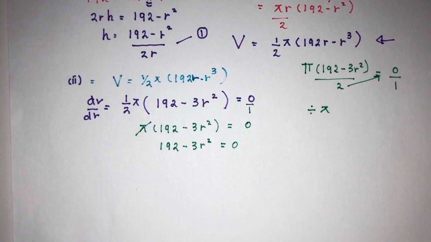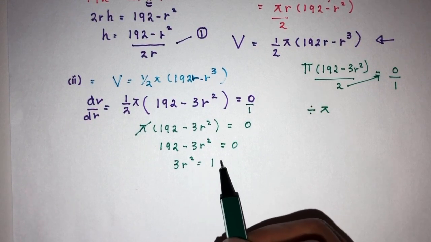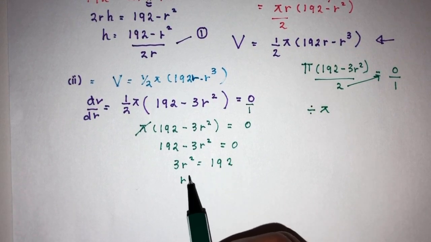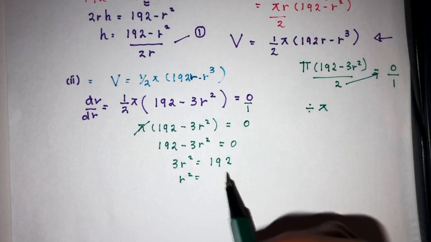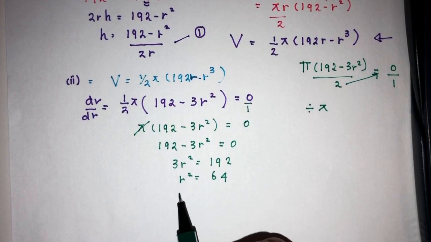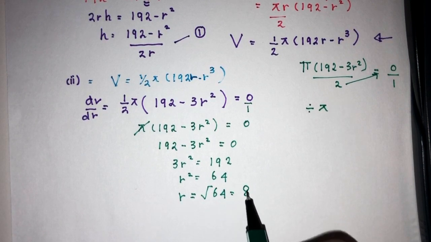Now what else can we have? We can make this become subject, that will become 3r squared is equal to 192, and r squared will be what? 192 divided by 3, that will be 64. So finally, r is the radius, that will be root of 64, that should be 8 as your answer.